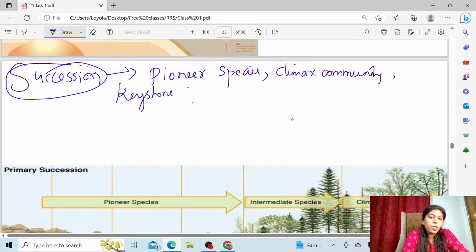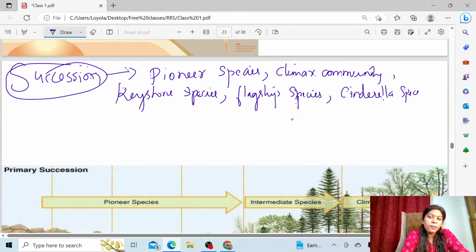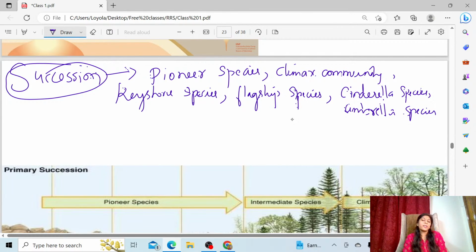Fourth, flagship species. Fifth, Cinderella species. Then you can also add umbrella species. Remember like this: Cinderella with umbrella. These are some types of species which we can see.